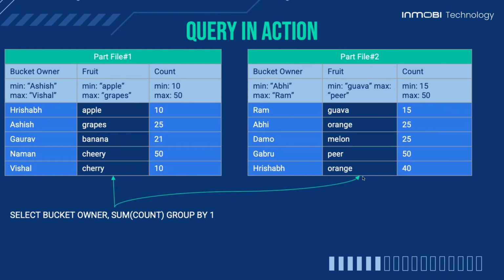You just read the two columns, the bucket owner column and the count column. So if the number of records is not increasing, but the number of columns is increasing, then performance will not be impacted in the big data world. This is how the columnar format brings value into the picture.